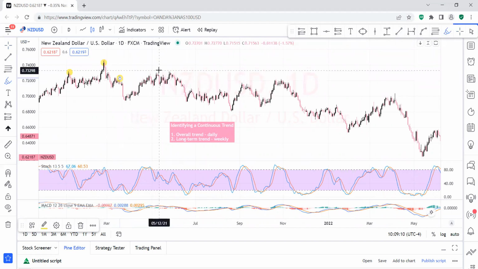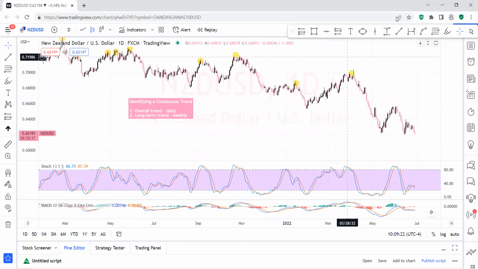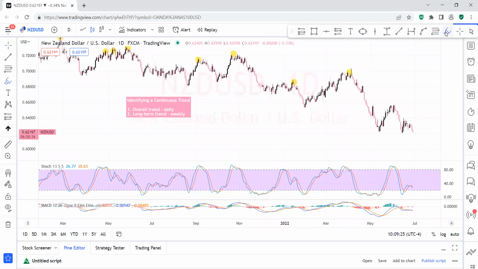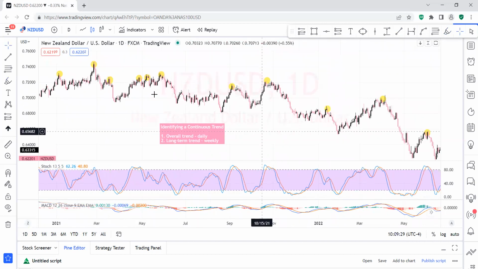So what this means is price was staying below a certain area. And from that point on, it just continued to sell. It's very important to make note of these things because it'll make it that much easier for you to understand what is taking place in the market.